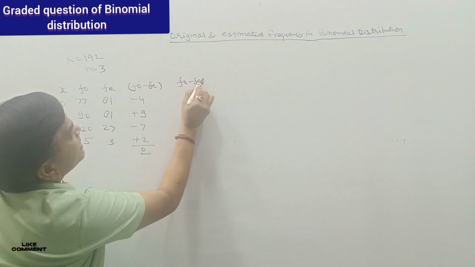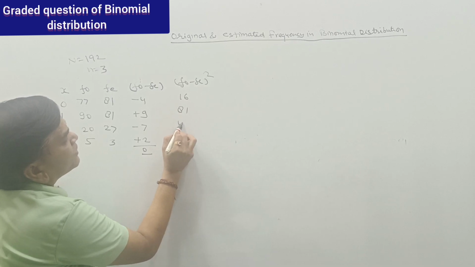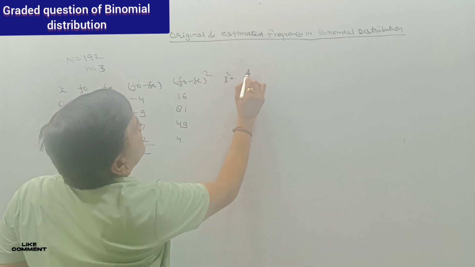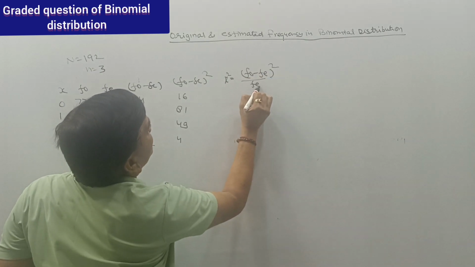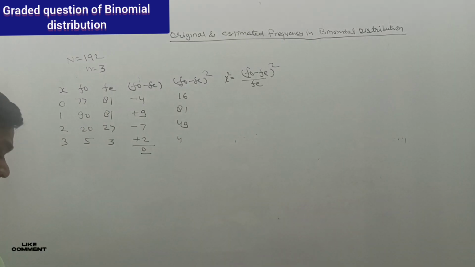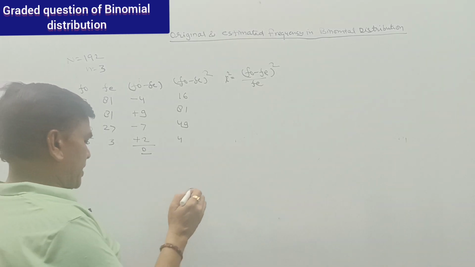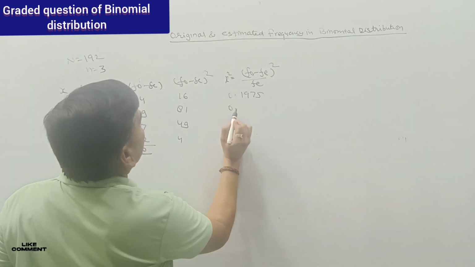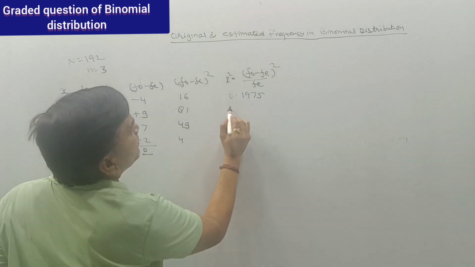Original minus estimated squared: that is 16, 81, 49, and 4. And the chi-square is (f0 minus fe) squared divided by the estimated frequency. So the first one will be 16 divided by 81, which is 0.1975. The second one is 81 divided by 81, so that will be 1.00.